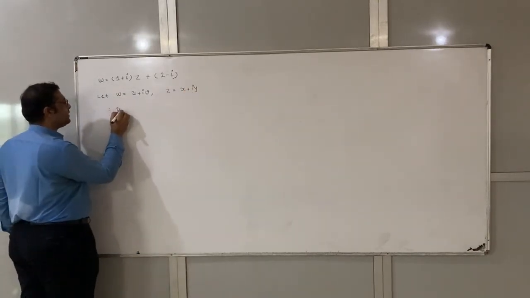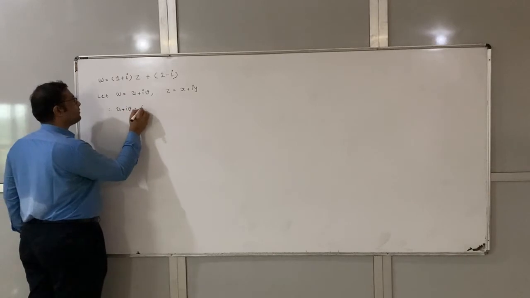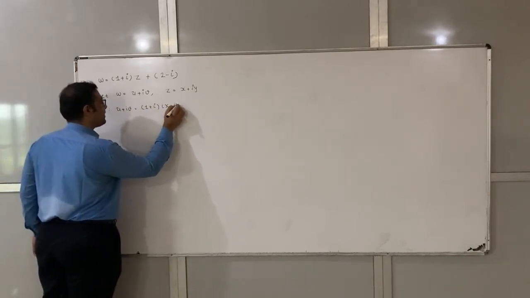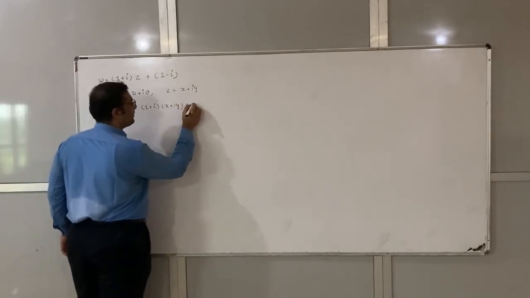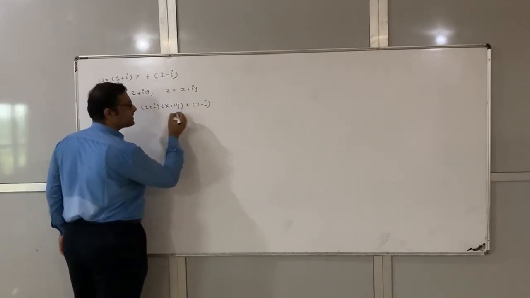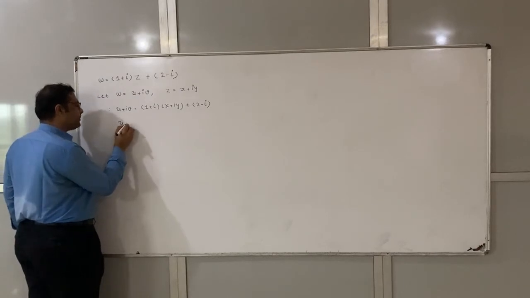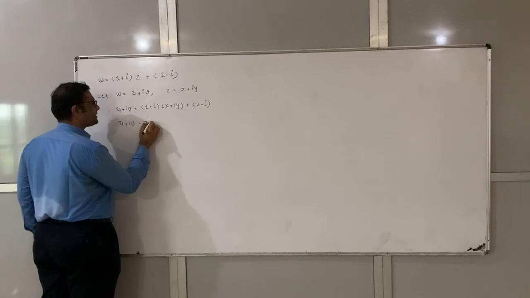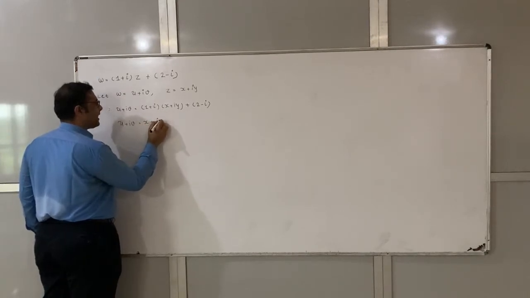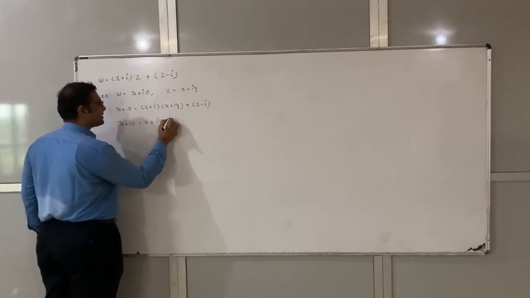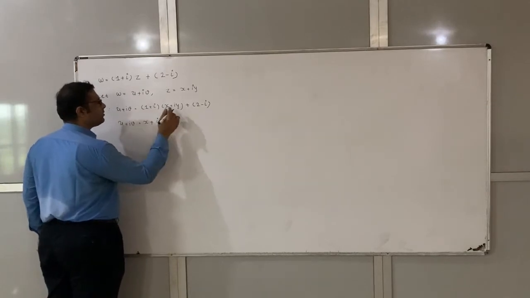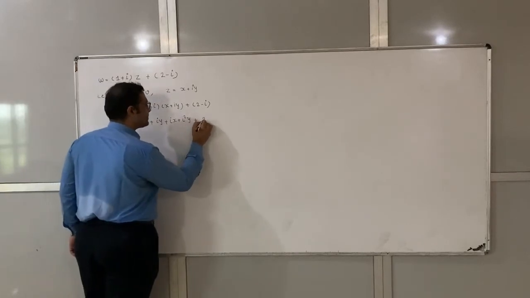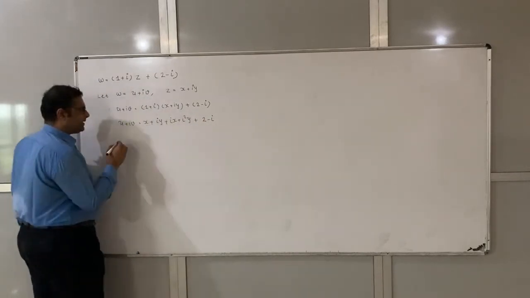So we can say that U plus IV is equal to 1 plus I into X plus IY plus 2 minus I. So U plus IV is equal to 1 into X plus 1 into IY plus I into X, IX plus I into I square Y plus 2 minus I.